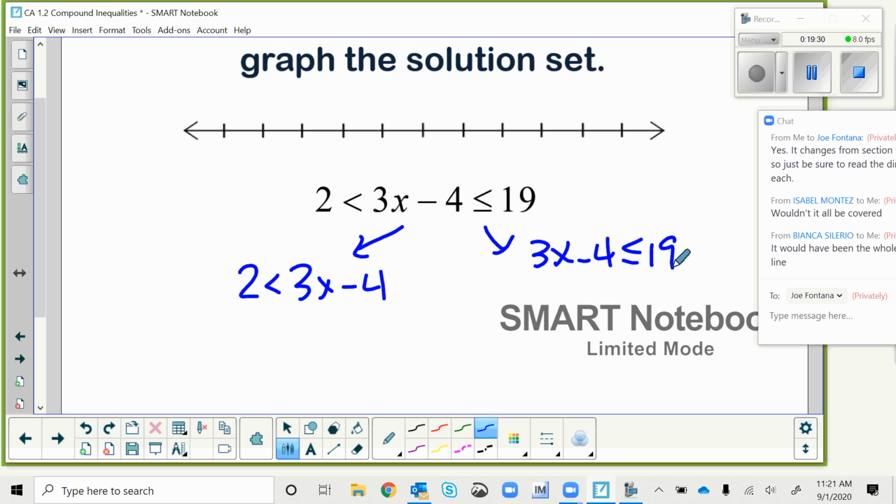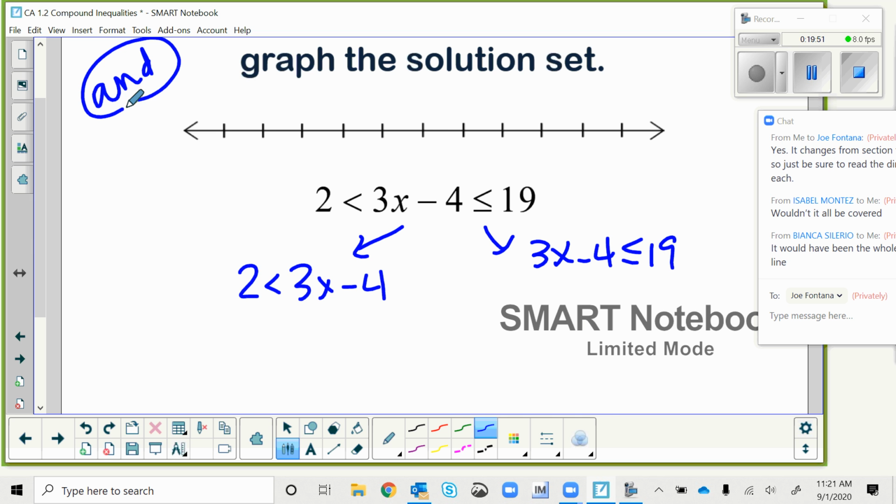So then you might wonder, is this an "and" or an "or"? It's an "and." It's just a different way of writing it. It happens to use the same expression in the middle that has the variable.